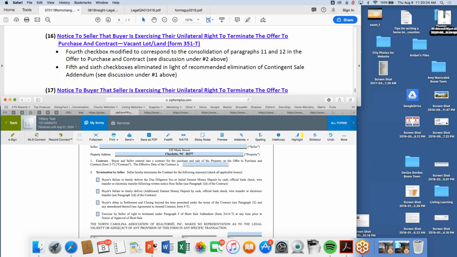Question. Can an agent, the listing agent, hold the signed contract hostage until the due diligence is received? Technically they cannot, because it says that you have a contract once it's signed. And our MLS rules require you to change the status once you have a signed contract.